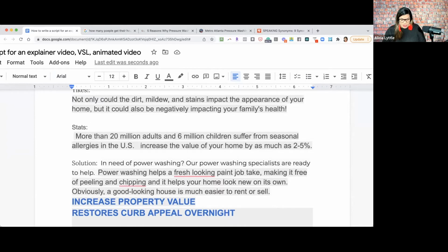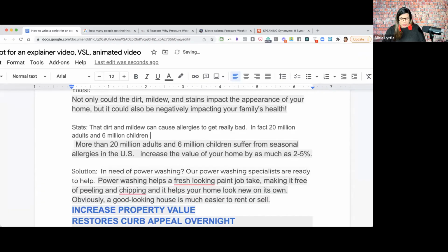That dirt and mildew can cause allergies to, I know what I'm trying to say, like to get really bad. So let's just say to get really bad.